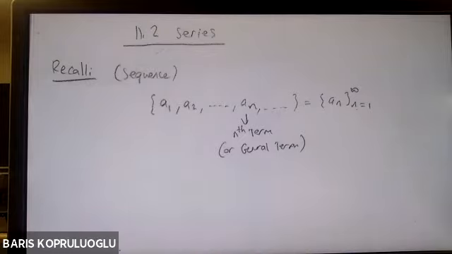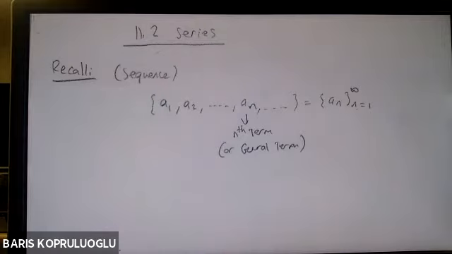To do that, we're just taking the limit of the general term of the sequence as n goes to infinity, and using the limit laws we know from Calculus 1, we're trying to figure out the limit. If it's a finite number, it's convergent. If it doesn't exist, or is infinity or negative infinity, it's divergent. So that's what we covered in 11.1.